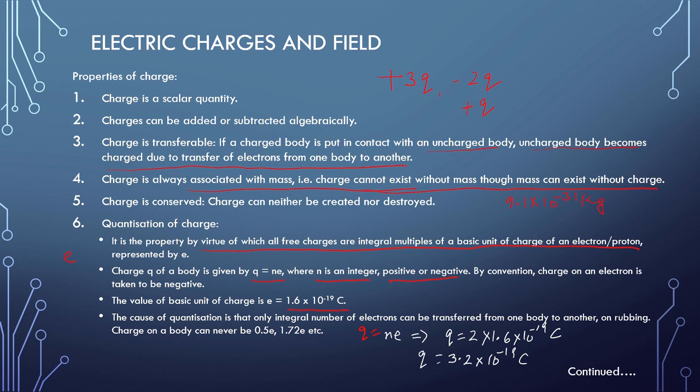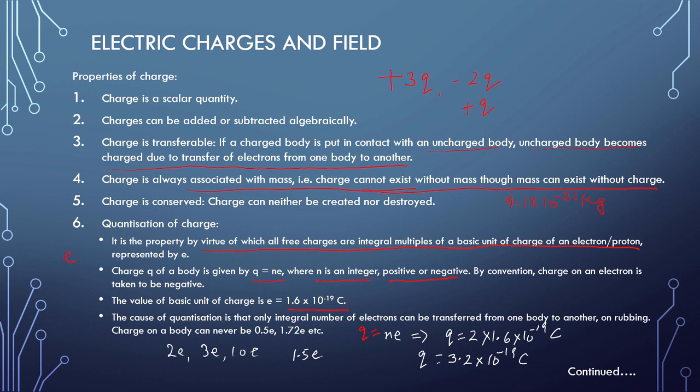So the very important question which is asked is, what is quantization of charge and what is the cause of quantization? The cause of quantization is that only an integral number of electrons can be transferred from one body to another. That means if I say that 2 electrons are transferred, or 3, or 10 electrons are transferred, I cannot say that 1.5 electrons are transferred, right?